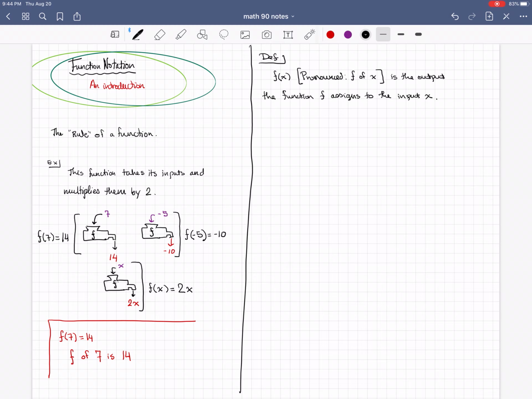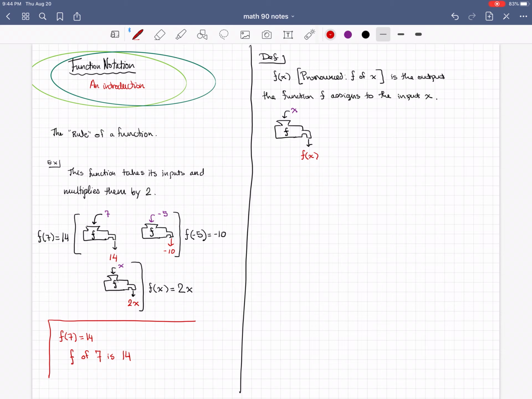Okay, so to use my super goofy picture that you guys are definitely not sick of yet, if we have our function named f, and we put x in as the input, f of x is what comes out as the output.